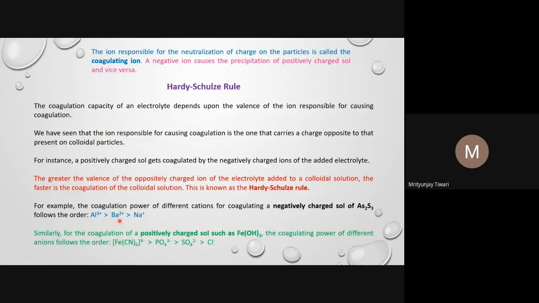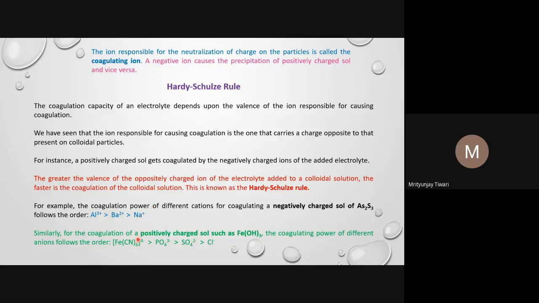So their power to coagulate the negatively charged arsenic sulfide sol will be in this order. Aluminium, having the most valency, has the highest power and efficacy. Then barium 2 plus, and least will be sodium, which has only one positive charge, so its valency is 1 only.